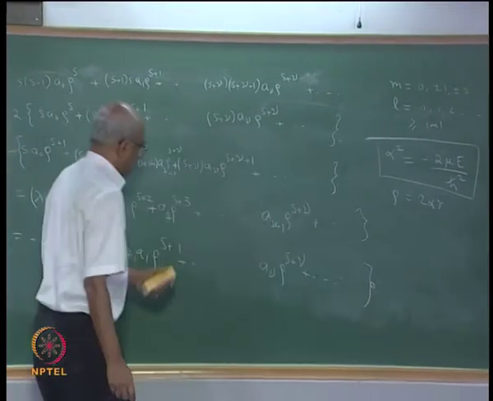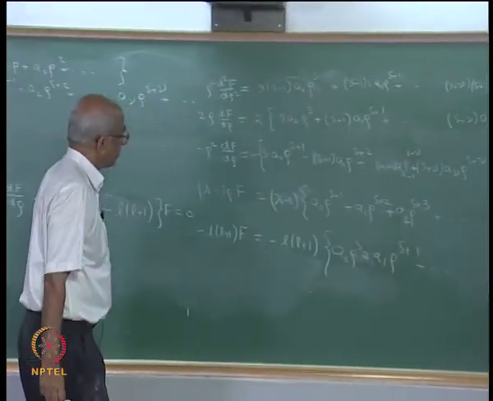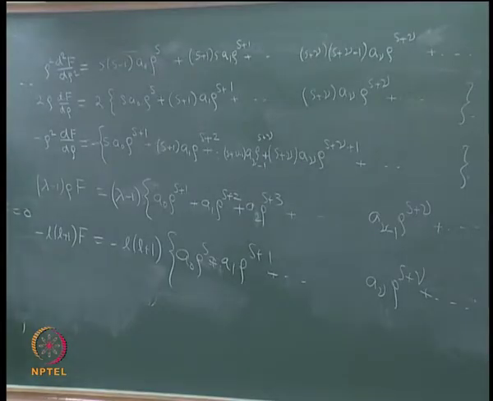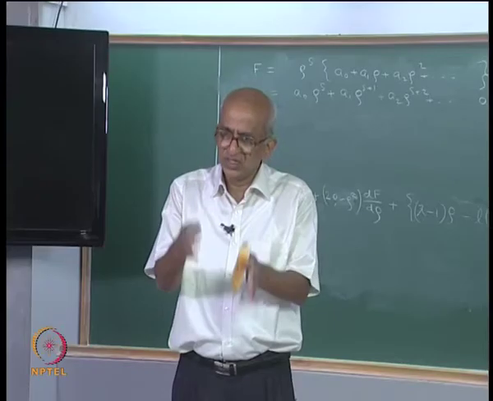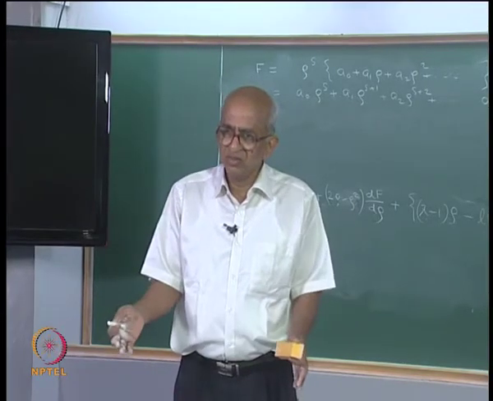That is fairly simple. So, you have to add up all these things and say that the result is equal to 0, that is all. But then you again realize that it is a power series. A power series in rho, you are going to say that it should be identically equal to 0 for all values of rho. And if that is to be satisfied, the coefficient of each power of rho must be equal to 0.